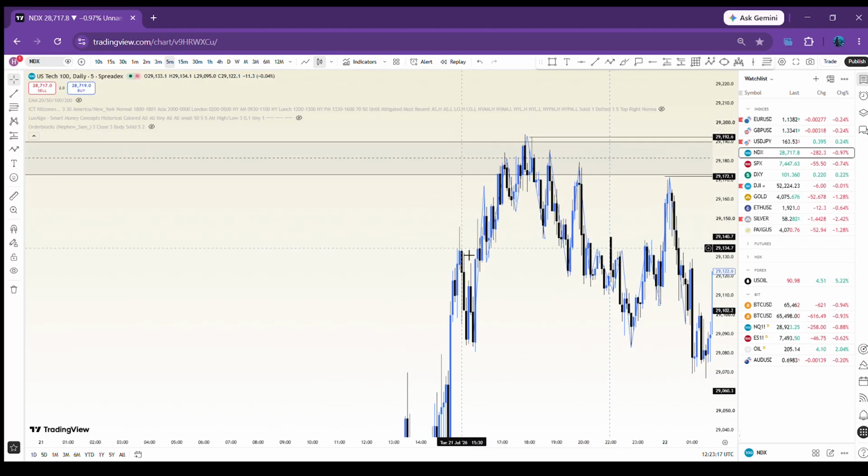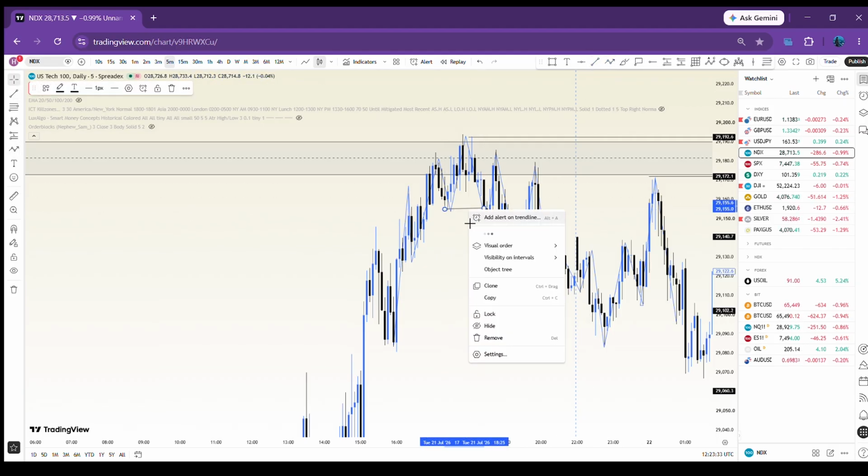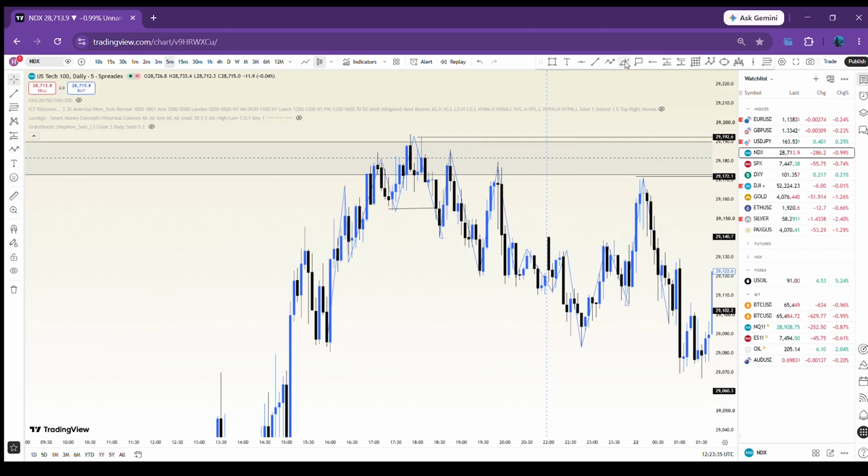In this uptrend, when does it become a downtrend? Higher high, higher low, higher high, then it breaks the previous higher low and becomes a lower low, then a lower high, and it goes down: lower low, lower high, lower low.